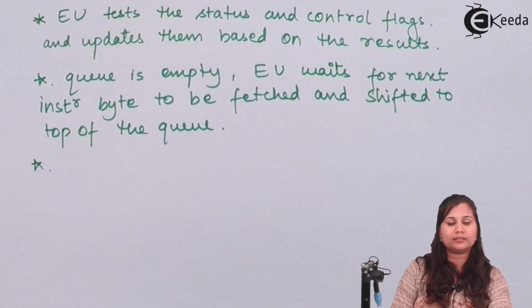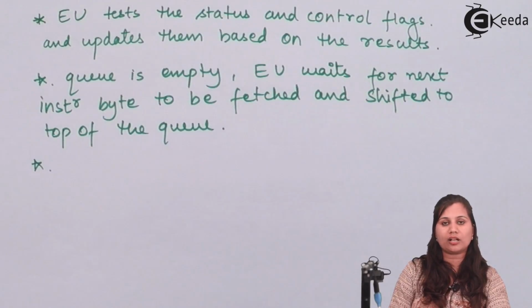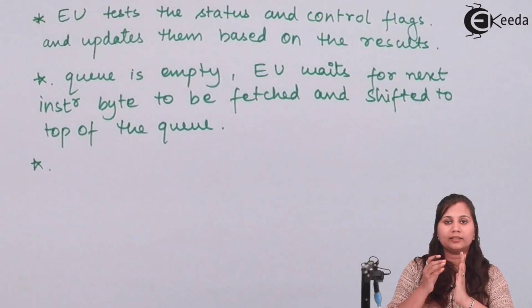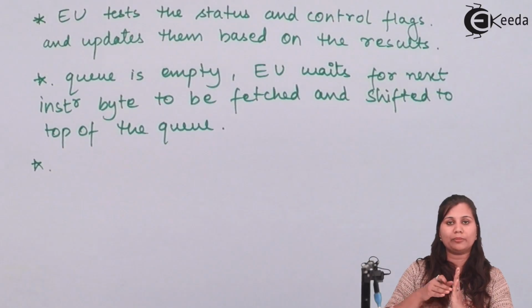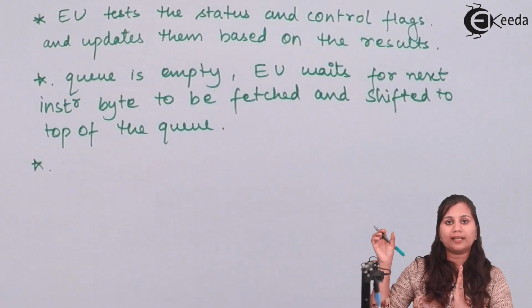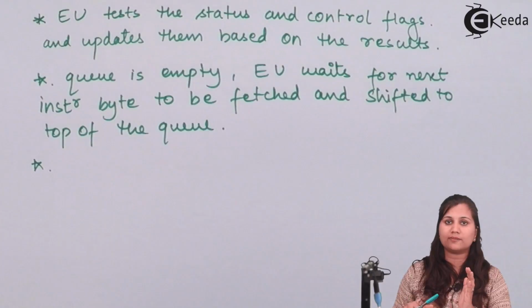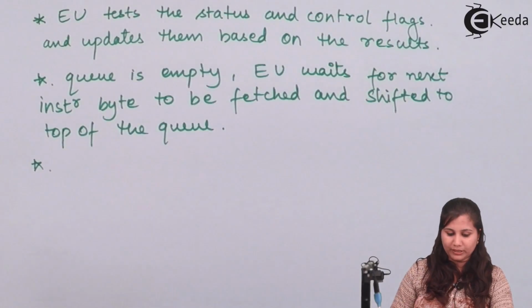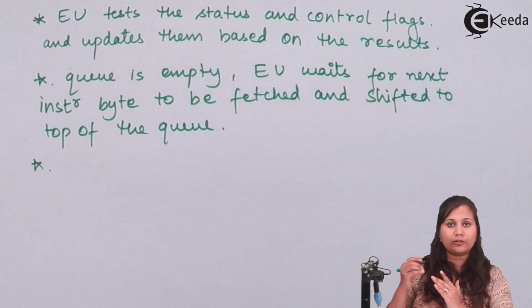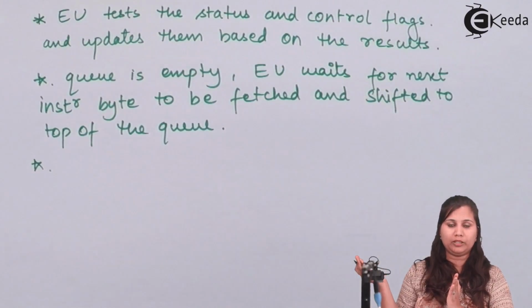Now suppose the execution unit is executing a branch or jump instruction. In these instructions, the program jumps to some other location, and then the instructions written at that different location will be executed. In that case, the control of the program is transferred to a different memory location.